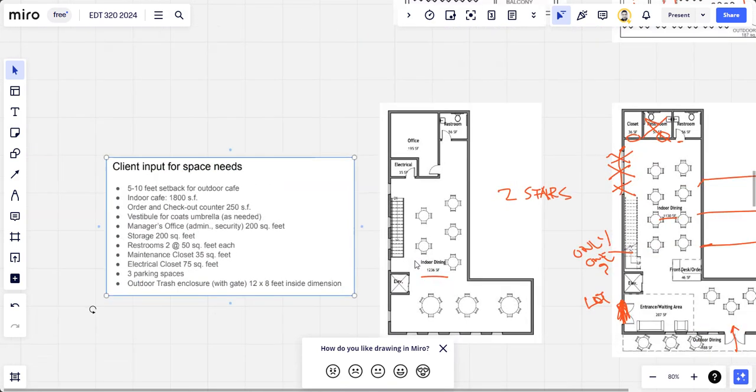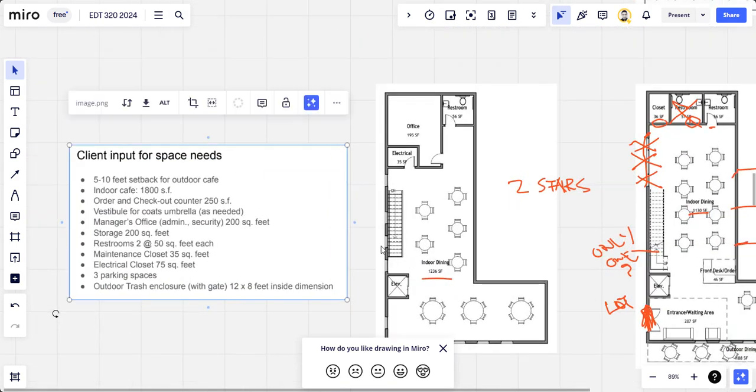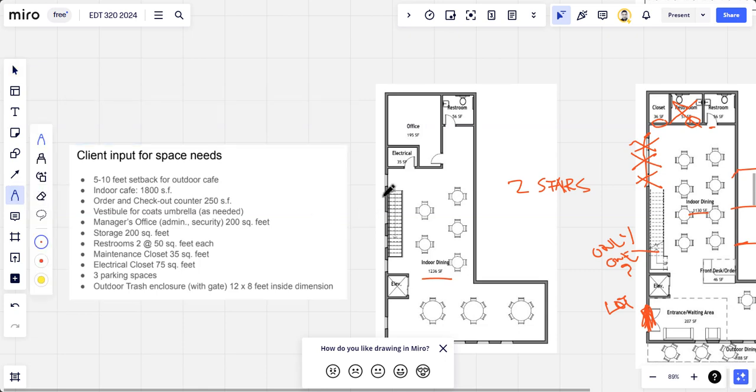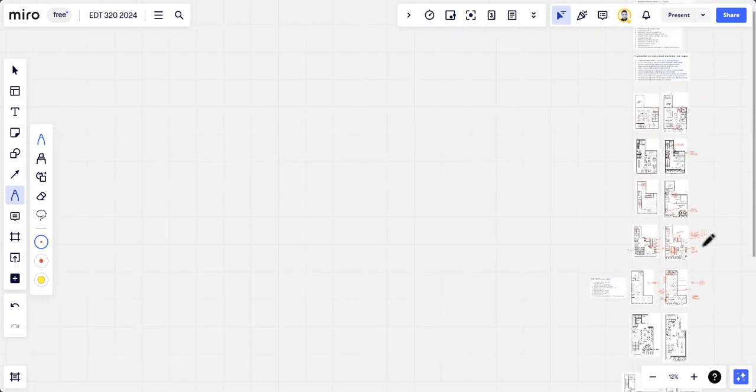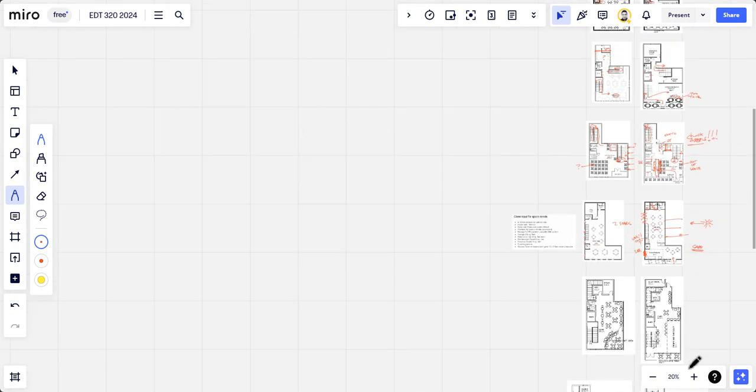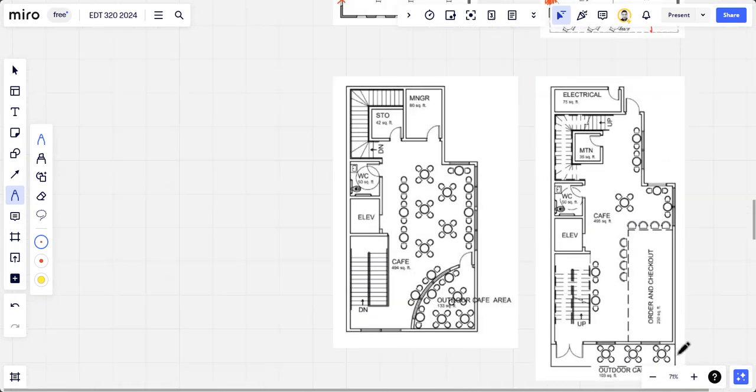And then yeah, you can't put windows here on this side. That's a different lot, and that's a firewall. All right. All right. So if you fix that, let's see. Moving on to this floor plan.